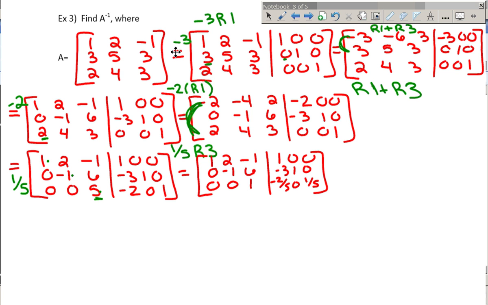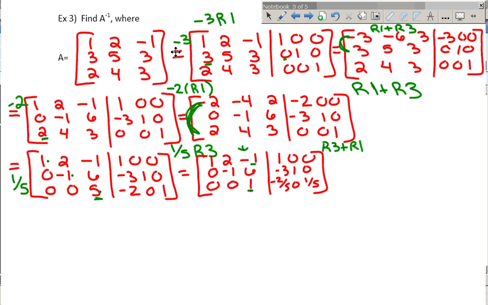This actually set me up nicely, because I know I can make this negative 1 into a 0. All I have to do there is add together row 3 and row 1. Notice the order in which I'm writing this, row 3 plus row 1. Row 3 comes first because that's the one that's going to go back to its original. Row 1 comes second because that's the one being changed.